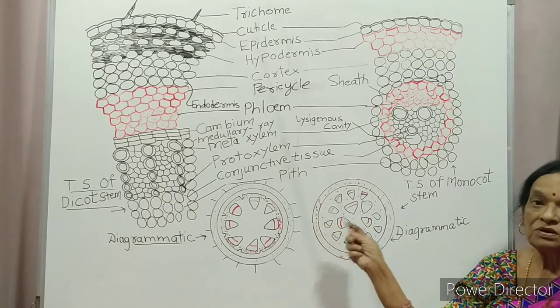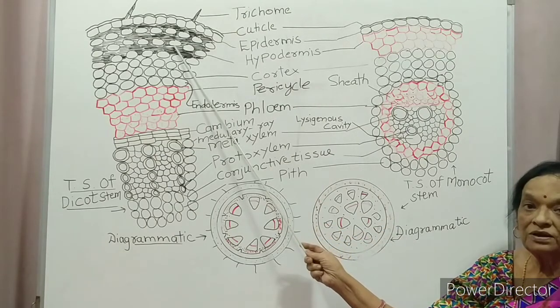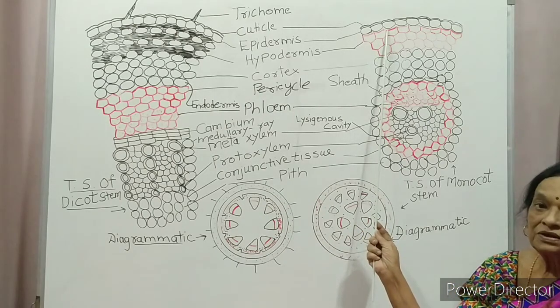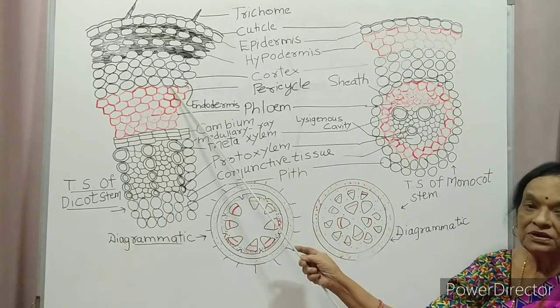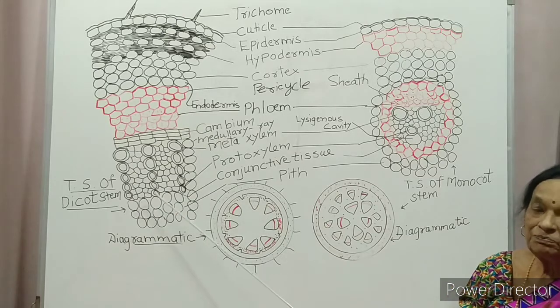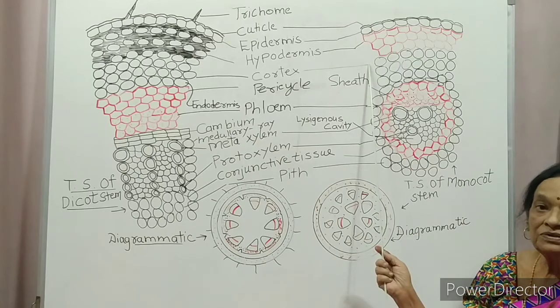Multicellular trichome, no trichome. Hypodermis of collenchyma, hypodermis of sclerenchyma. Cortex is differentiated into endodermis, pericycle and pith. Here the cortex is undifferentiated.